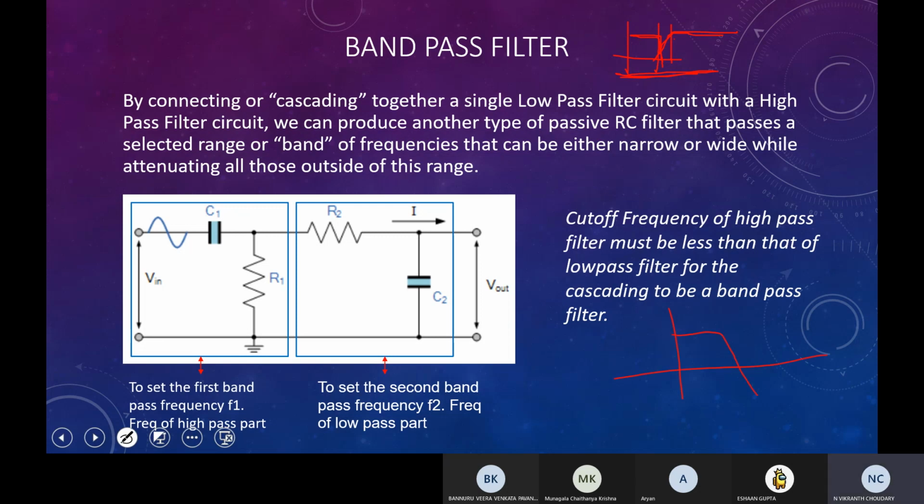So this is a low pass filter and this is the high pass filter. The high pass cutoff frequency is greater than the low pass cutoff frequency. So here we are getting the reverse of what we want. What should be the ideal case is that the cutoff frequency of the low pass filter should be more than that of the high pass filter.